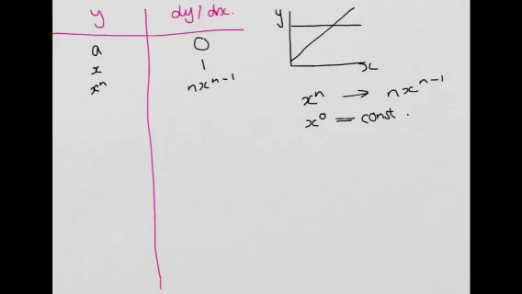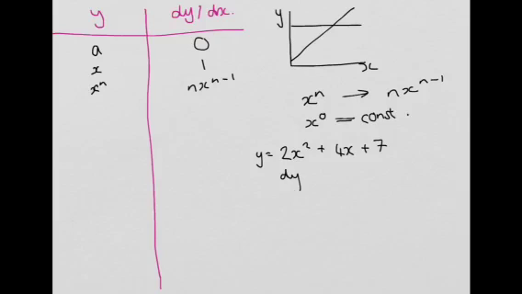And if I have a polynomial, so if I have something like 2x squared plus 4x plus 7, what I find is that I just need to take these each in turn.